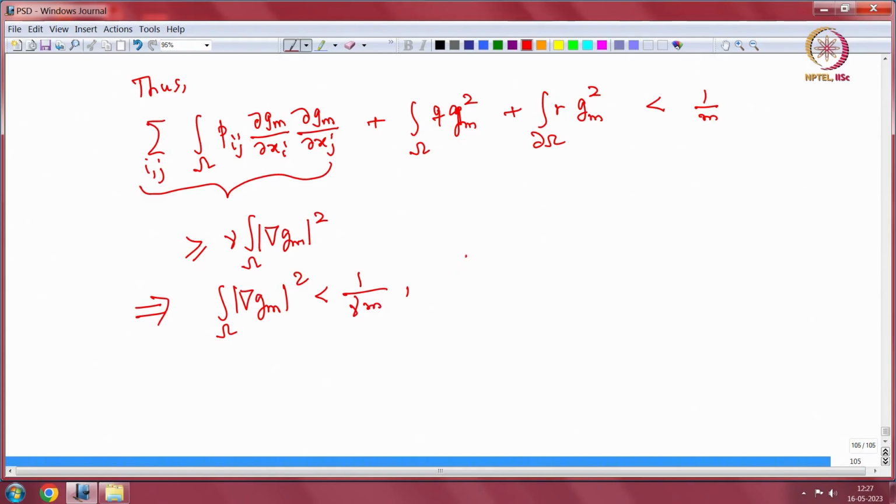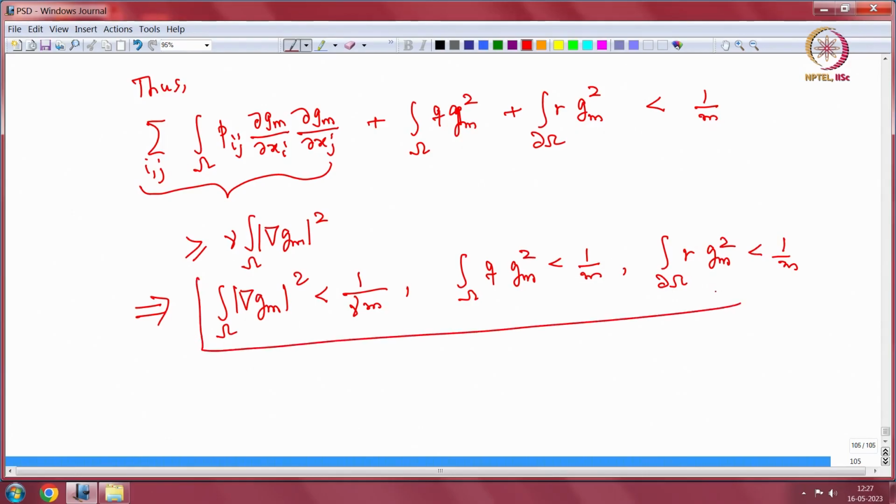So you have the integral over omega of Q Gm squared less than 1 by m. All the 3 terms are non-negative. Okay. So here I am using the hypothesis on Pij. So just remember these 3 inequalities, maybe star.